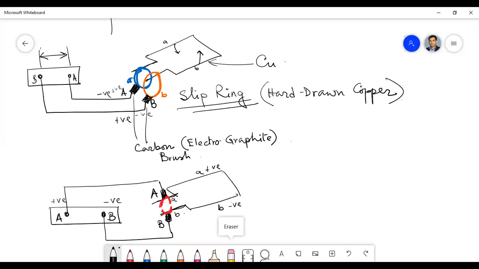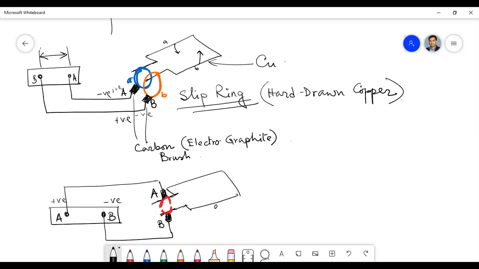Now in the second half, that means in the negative half cycle, they will change their relative position, isn't it? They will change their relative position.